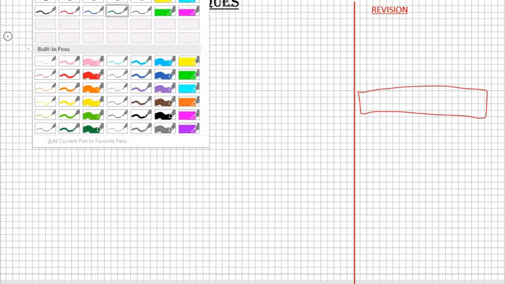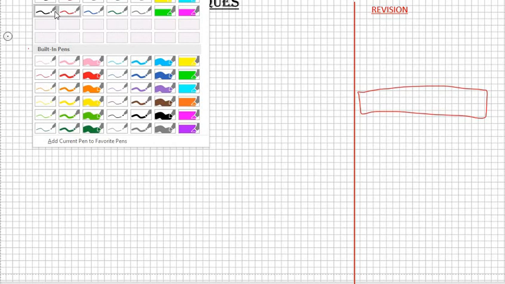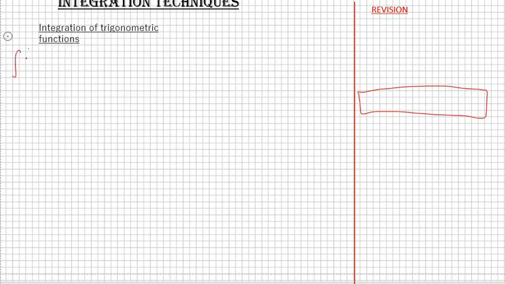So the general form of the integration of function that include cos and sine are given as follows. So you actually need to know how to integrate this type of function.